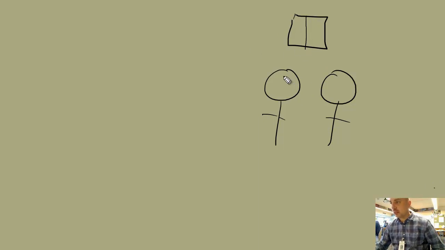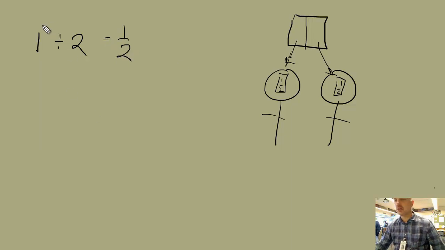And each person would take a half, and so we would take that 1 cracker and divide it by our 2 people, and each person would get 1/2. Cool. And my 1 goes up there, and my 2 goes down there.